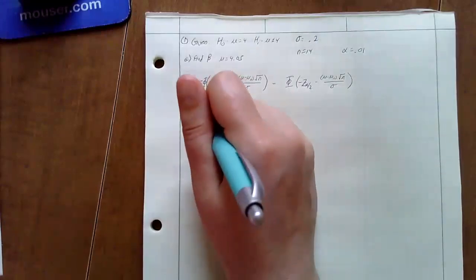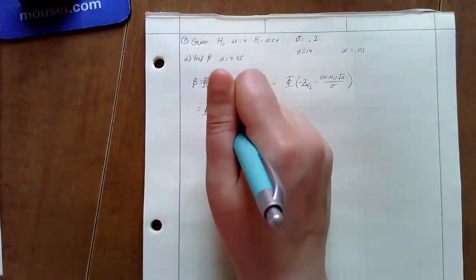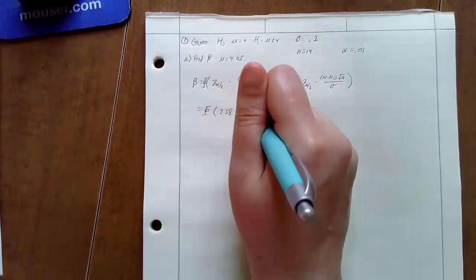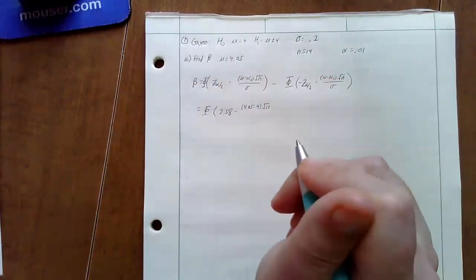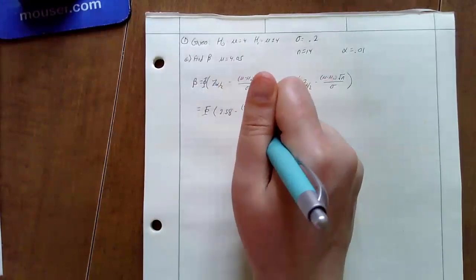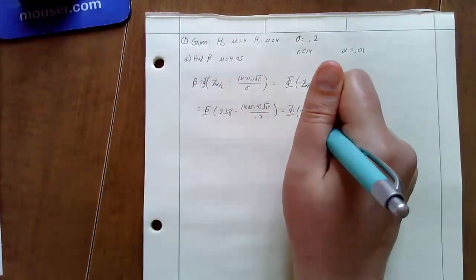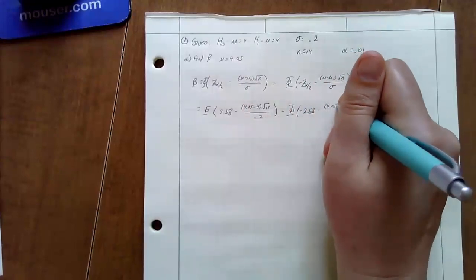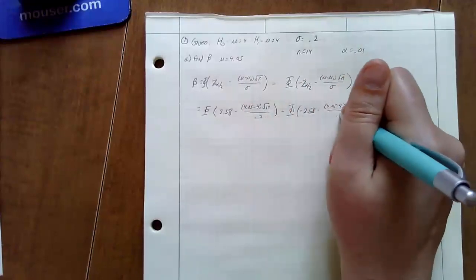In this case, that is 2.58 minus 4.05 minus 4 multiplied by the square root of 14 divided by 0.2. And then we have negative 2.58 minus 4.05 minus 4 times the square root of 14 over 0.2.